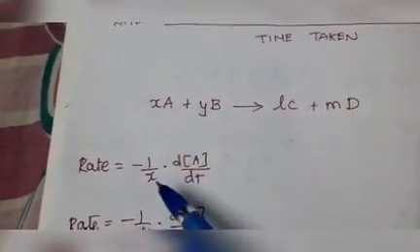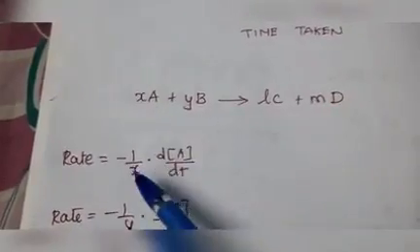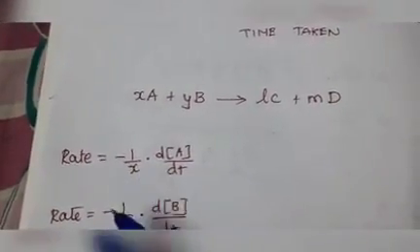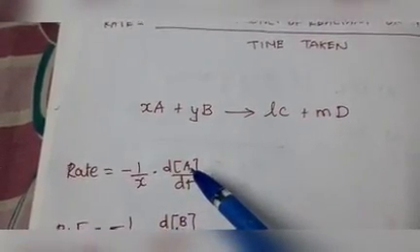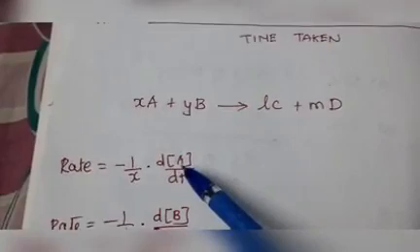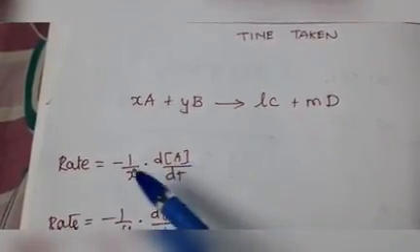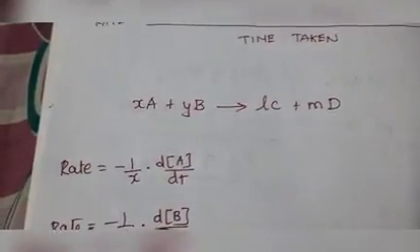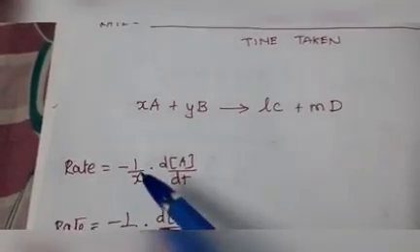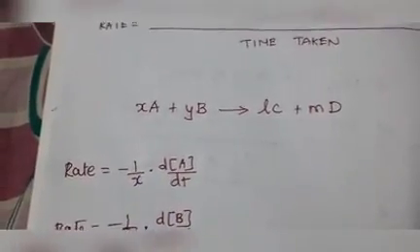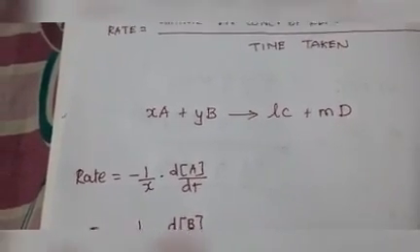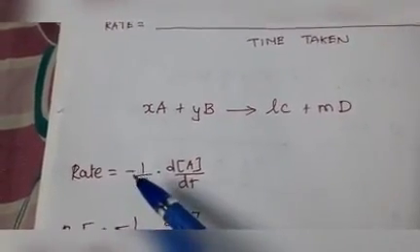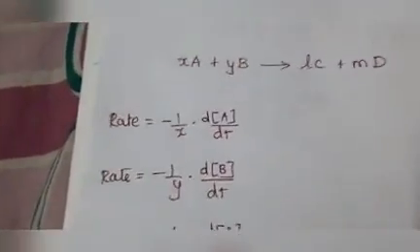The reciprocal of this number is given here: if x, you have to write 1 by x. In terms of the reactant, you have to put minus here, because that minus indicates decrease. While the reaction proceeds, the concentration of A decreases, and that is indicated by minus.